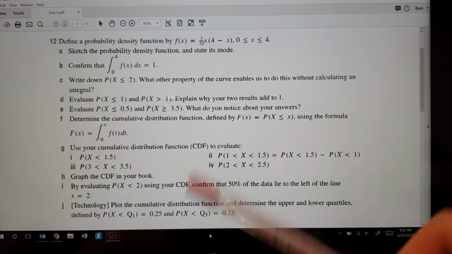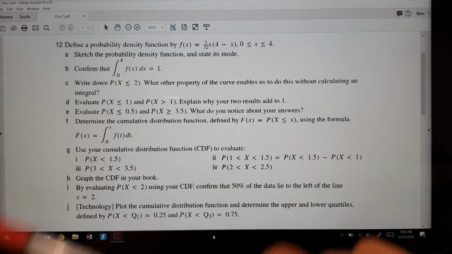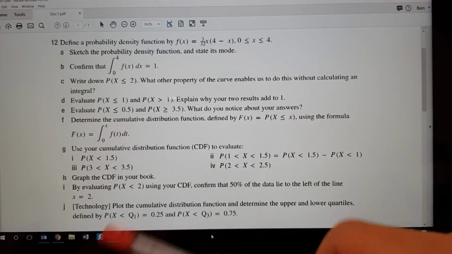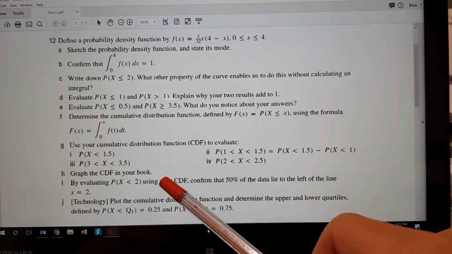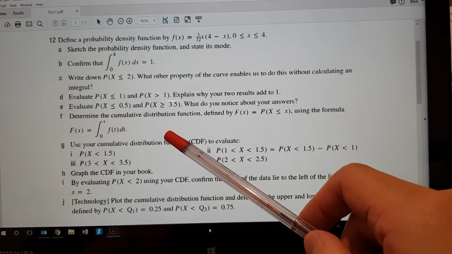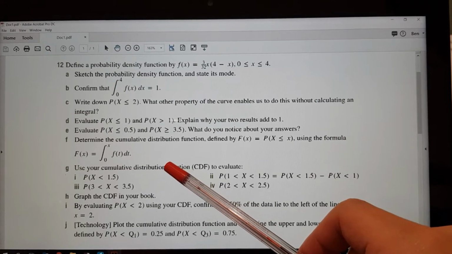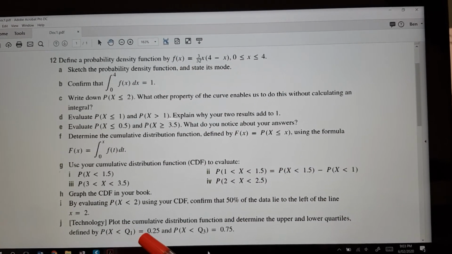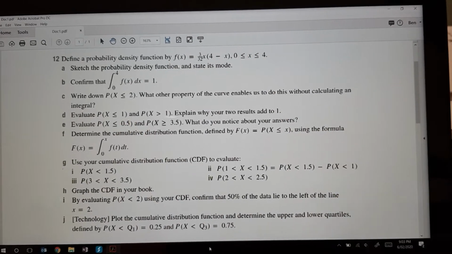I'm just going to show you what to do with this big F(x) to calculate each of those four. And part H is to graph the CDF, and that is basically this, which is the primitive of that little f(x), or the integral of it.